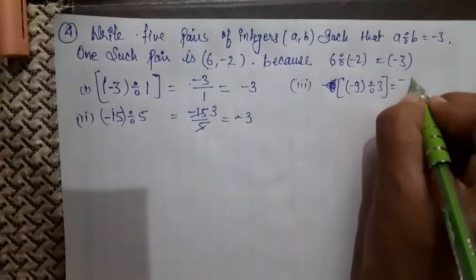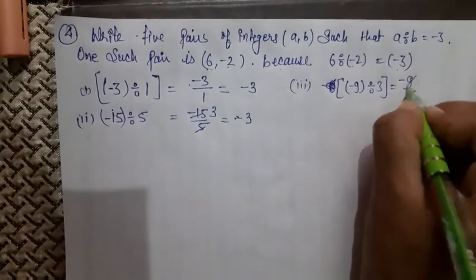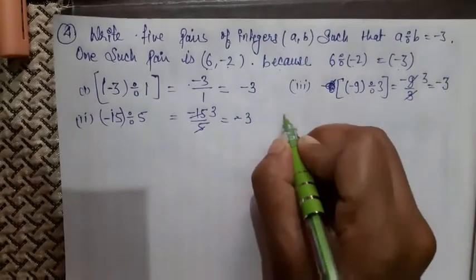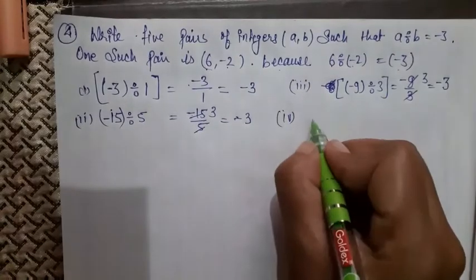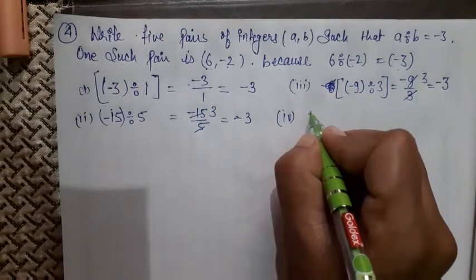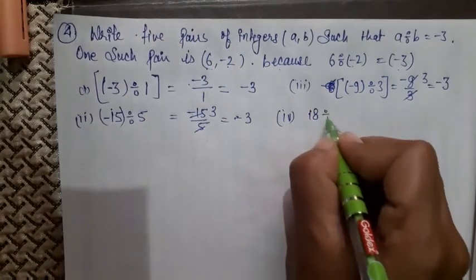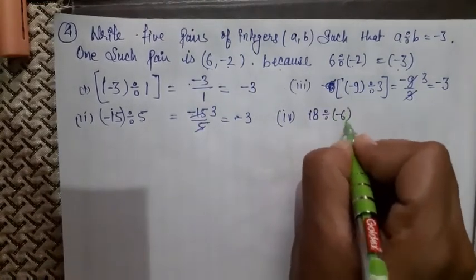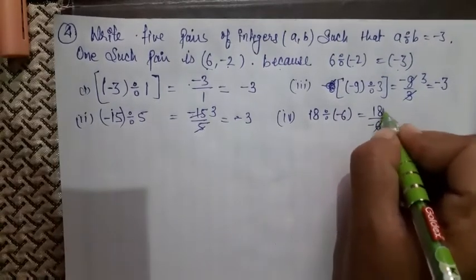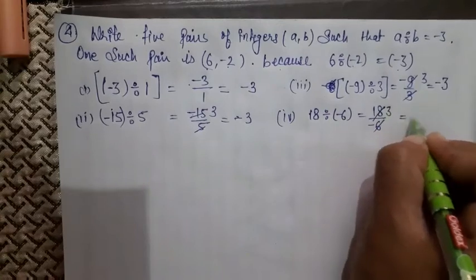Third pair is we take -9 divided by 3. So here -9 divided by 3, 3 threes are 9. So the answer is -3. Fourth one is we divide 18 by -6. So here 18 divided by -6, 6 threes are 18.